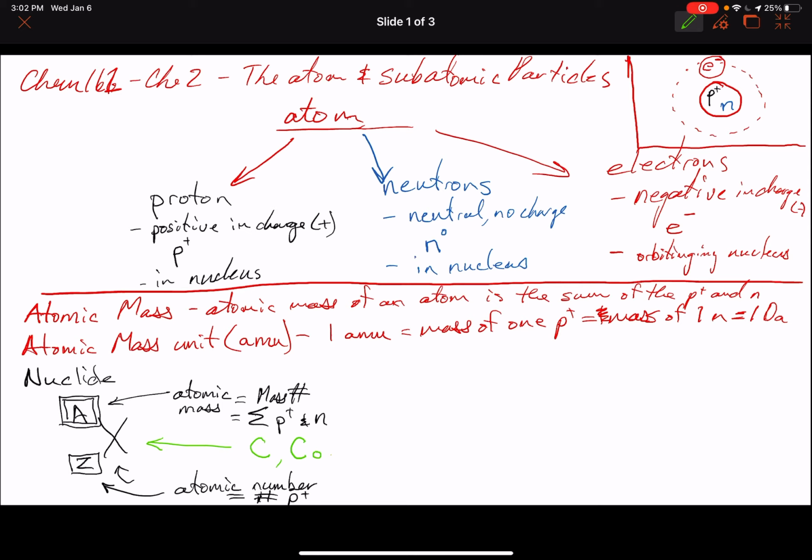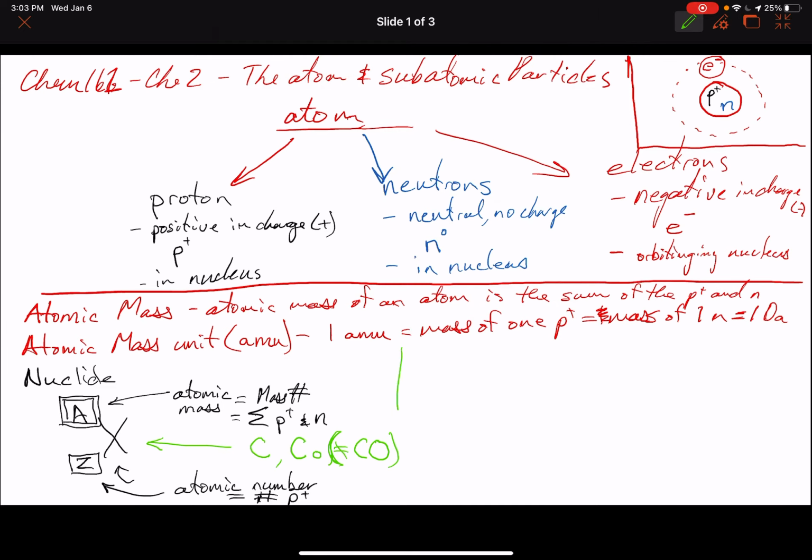This could also be further distinguished from another example that we wouldn't put here. So I'm going to put it in parentheses: you don't want to write CO, both in capitals, because this would indicate a molecular compound called carbon monoxide. And this is a different syntax for molecular compounds. Okay, so again, emphasizing the need to be very careful with how you put information in this scripting for the type of nuclide that we have. Okay.